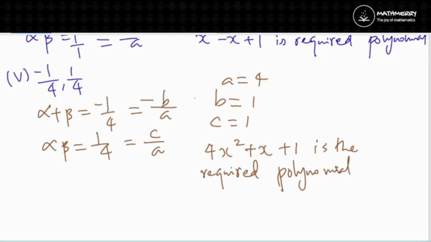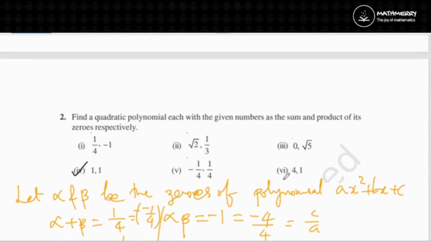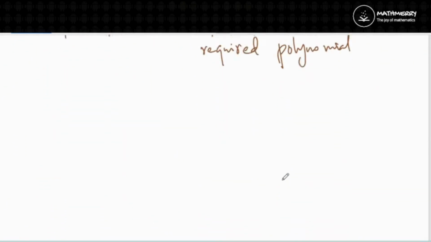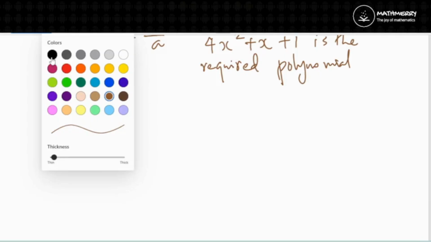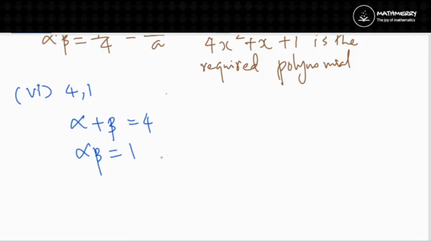Now next is our sixth sub question, which is 4, 1. So here the sum of the zeros. If alpha and beta are the zeros of the polynomial ax square plus bx plus c is equal to 0, we can say that alpha plus beta is equal to 4 and alpha into beta is equal to 1.